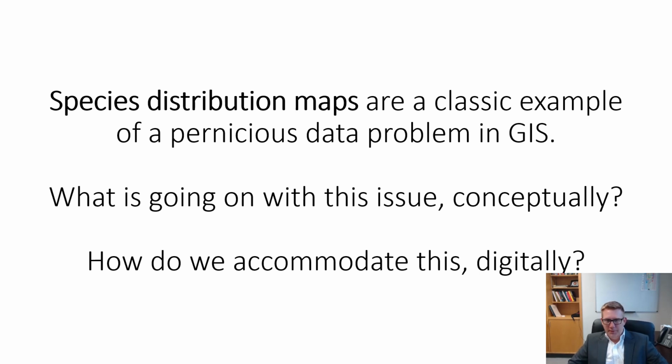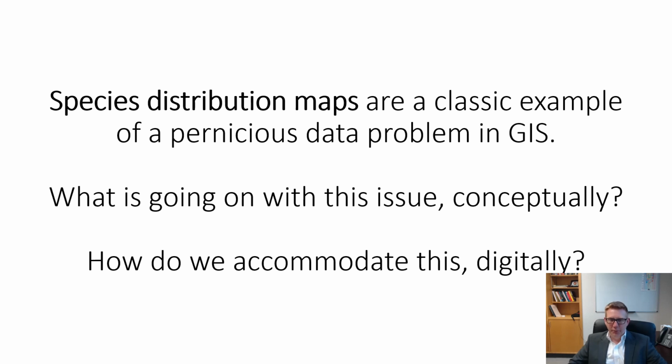I bring this story up as a classic example of a problem in GIS where the way that we record spatial data, points, lines, and polygons, is often a poor representation of the way that these phenomena often exist.